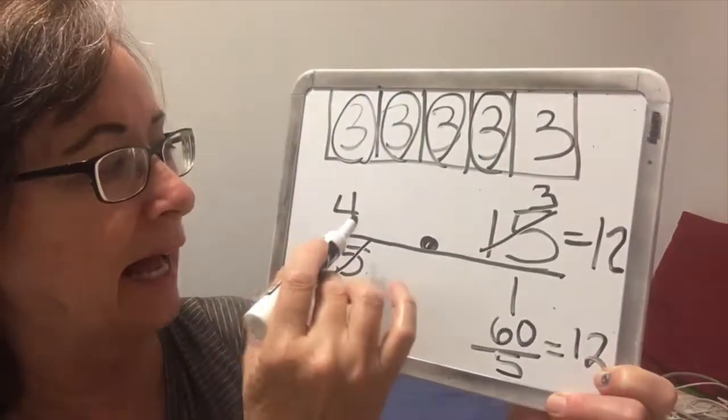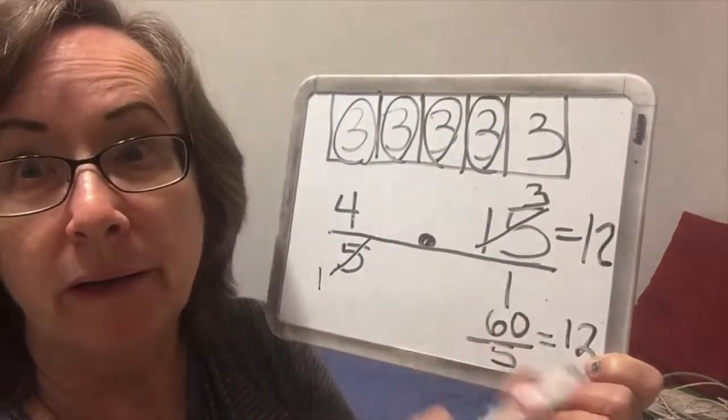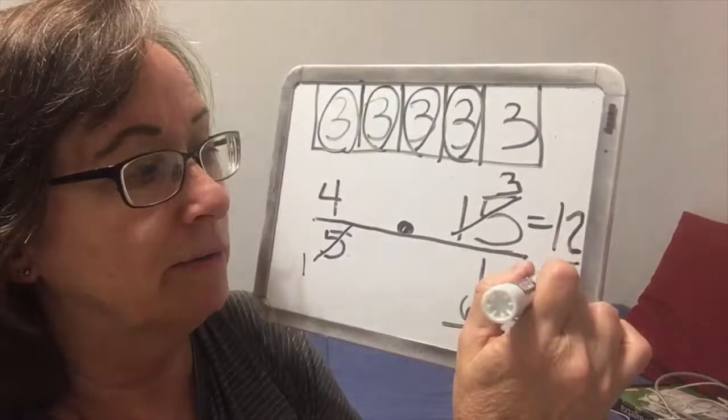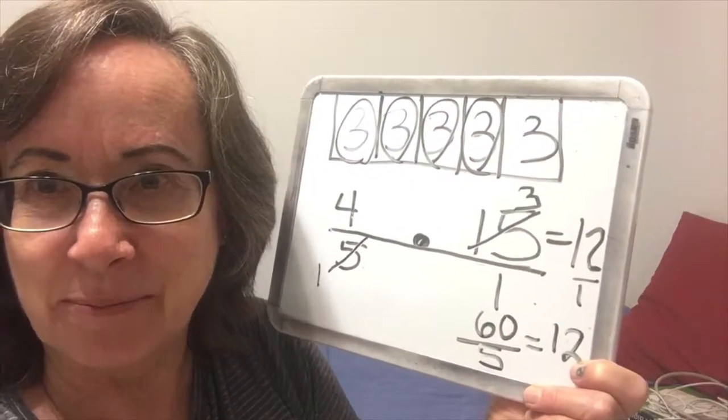So then I get 4 times 3 is 12, 1 times 1 is 1, and 12 over 1 is 12. Isn't that simple? That's what we call canceling.